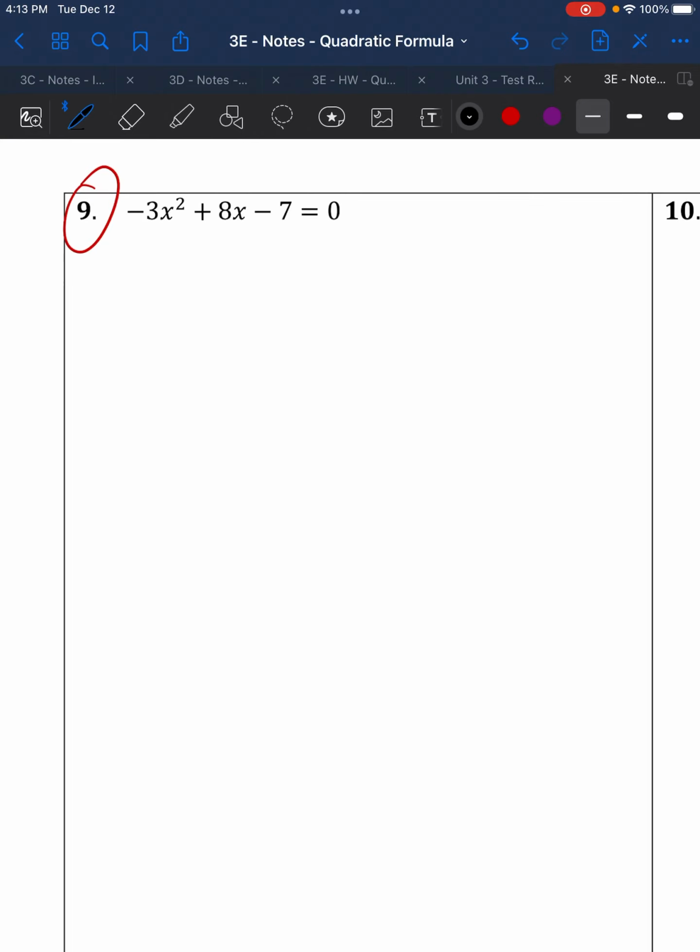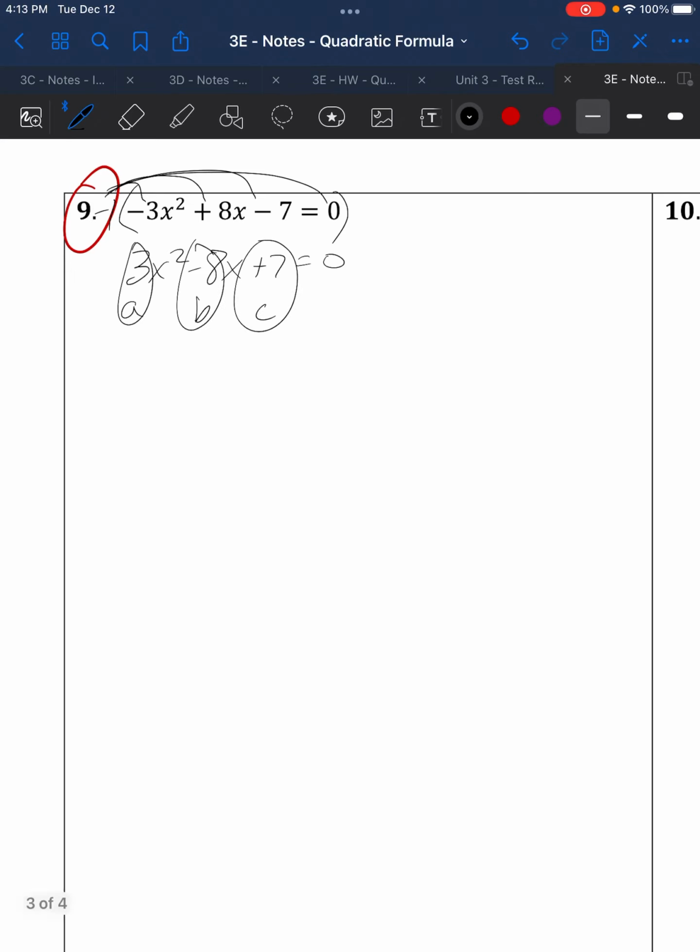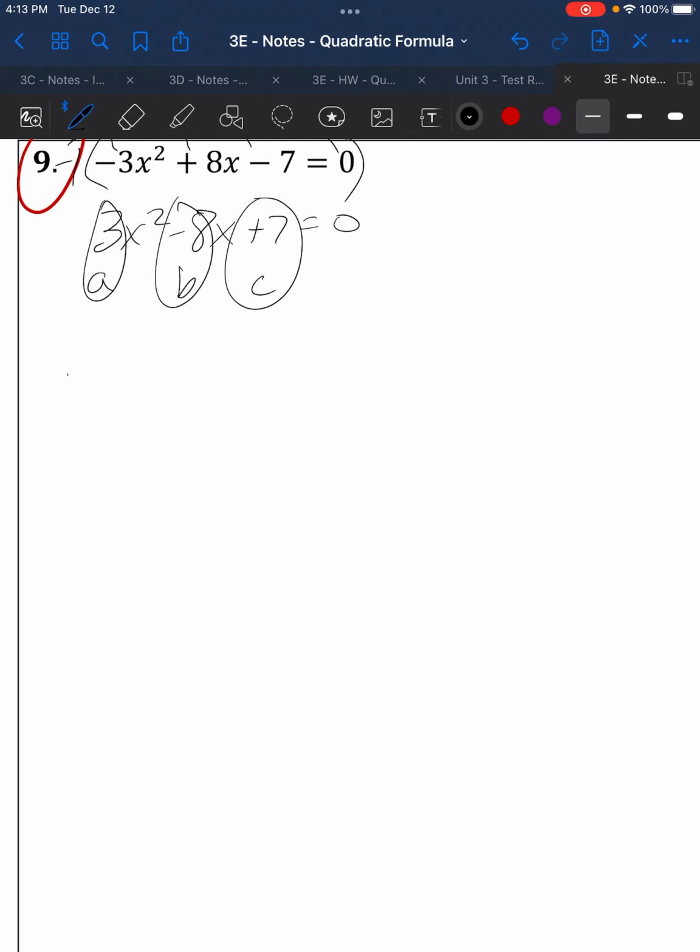Number 9, right now it's in standard form, but I wanted the a positive, so I'm going to multiply everything by negative 1, which ultimately just changes the sign of every term. So it becomes 3x squared minus 8x plus 7 equals 0. My a is 3, my b is negative 8, and my c is 7.